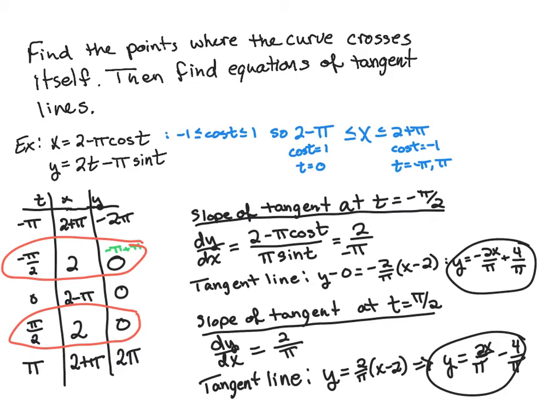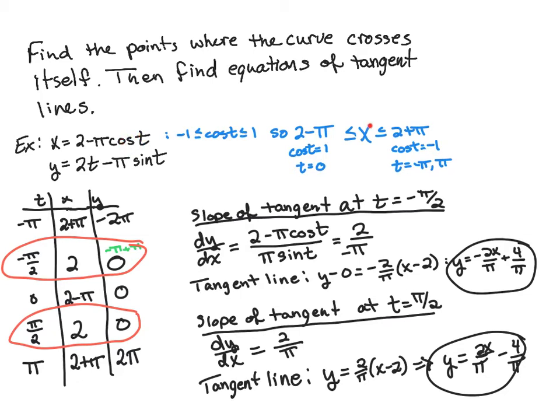The best I can tell you is to pick the easiest one, especially if you have trig functions like sine and cosine. Sine and cosine are bounded between -1 and +1. So you take the easiest one of the equations. In this case, it's x, because the only t is in the cosine. So I know that this cosine is between -1 and +1.